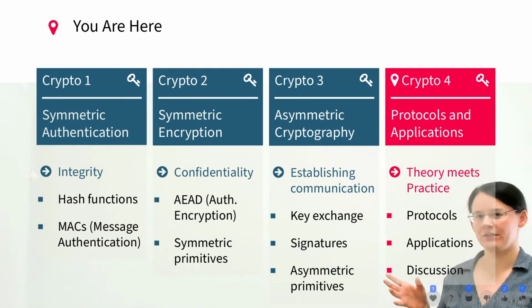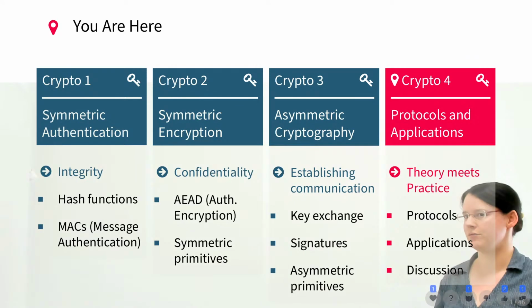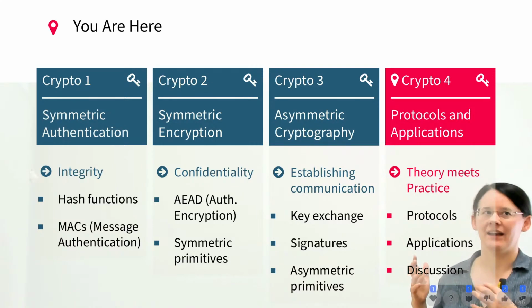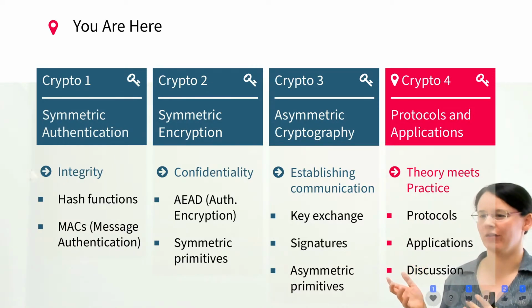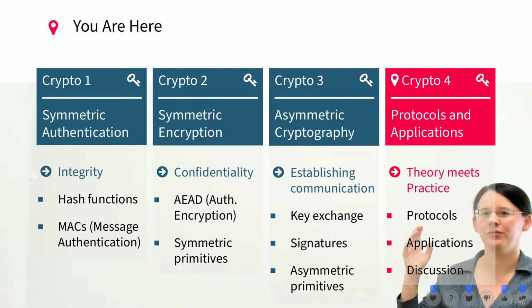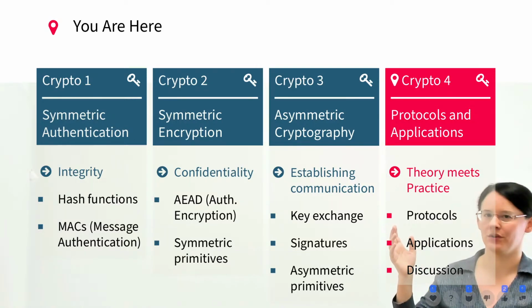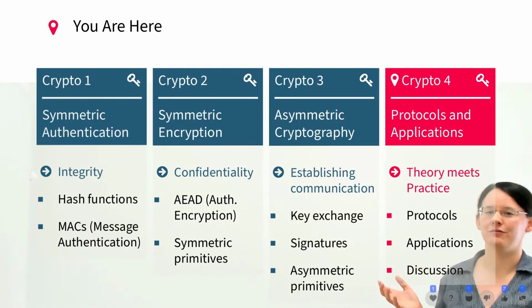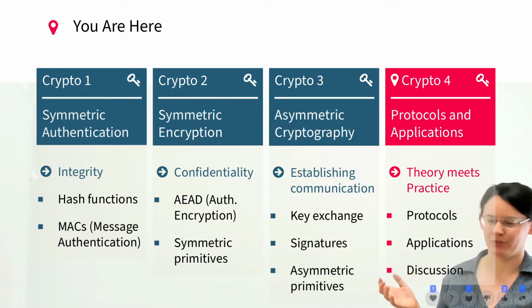Several of the topics today are based on some of the questions you've asked in the previous lectures, so some of the material is new. I would also say that the topics today vary very much in how essential they are, in my opinion, for you to remember. There are a few really important things like the basic principles of protocols, or also knowing the basic failures that can happen when you apply cryptography.